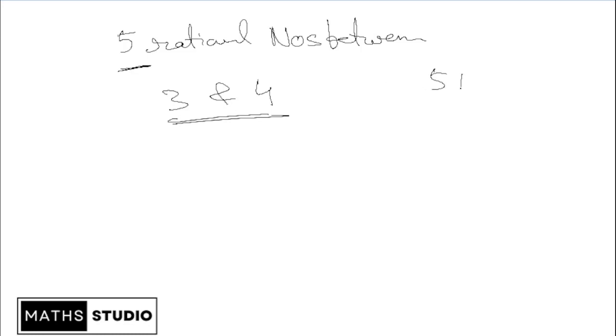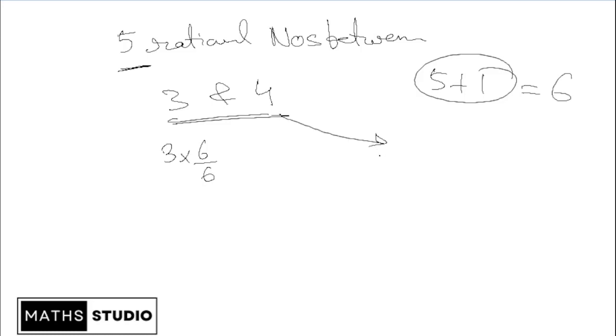So 5 plus 1 is 6. What we'll do? We will multiply and divide 3 by 6 by 6. 6 by 6 is 1 only, so we are not making any such changes. And this 4 will be multiplied and divided by 6. Okay. So what do we get? We get 18 by 6, and here we are getting 24 by 6.